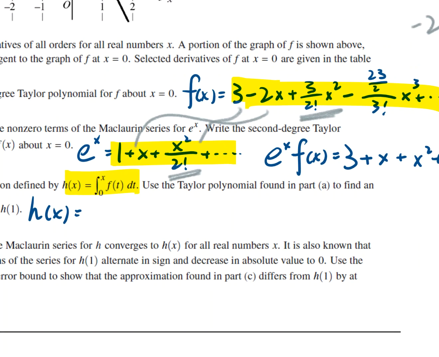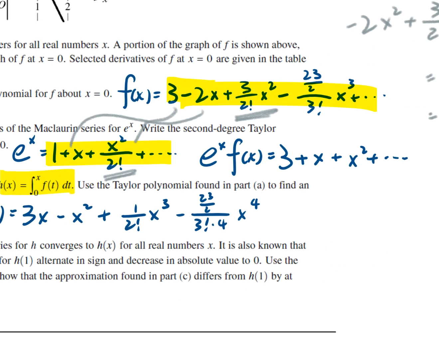The first term is 3x. And then the second term is negative x squared. The third term is 1 over 2 factorial x to the third. And the fourth term is negative 23 over 3 factorial times 4, x to the fourth.